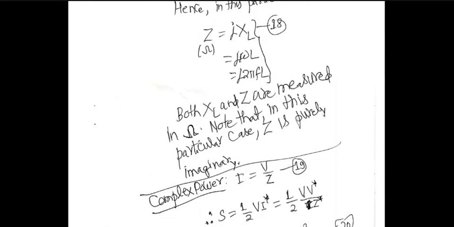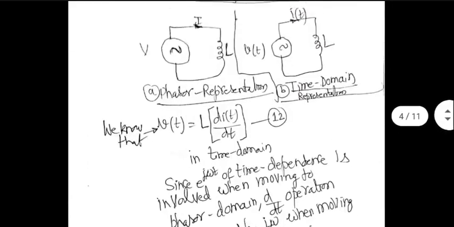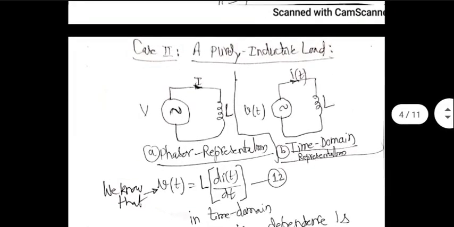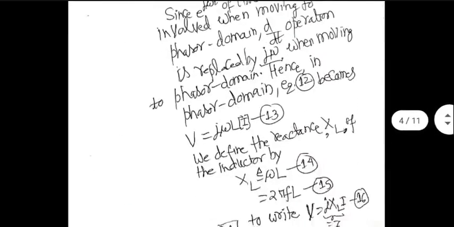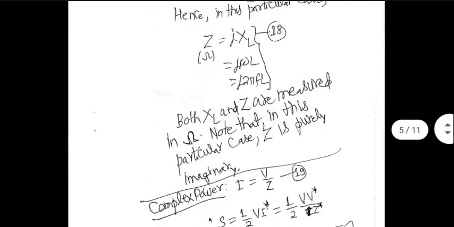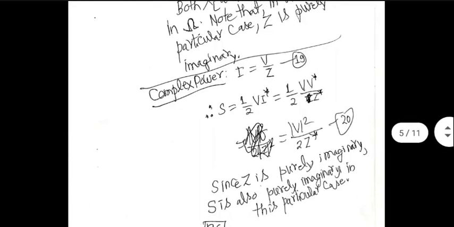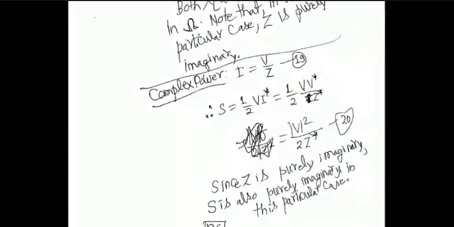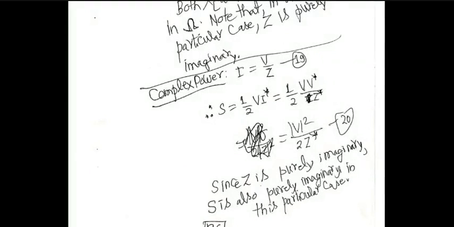Now, complex power in a purely inductive circuit. Let's see what happens to that. S is 1 by 2 multiplied by V multiplied by the complex conjugate of I. V is V. I is V upon Z, right? So the complex conjugate of I will be V complex conjugate divided by Z complex conjugate. Of course, in this case, it's not that difficult because Z is purely imaginary anyway.